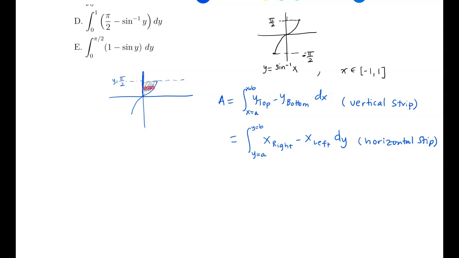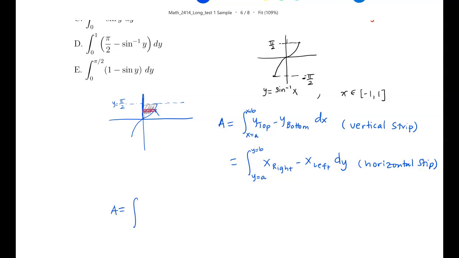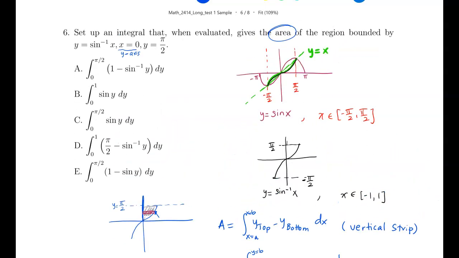So now, area is equal to, using a horizontal strip, x at the right. What is the function at the right? It is this function here, which is the sine inverse.